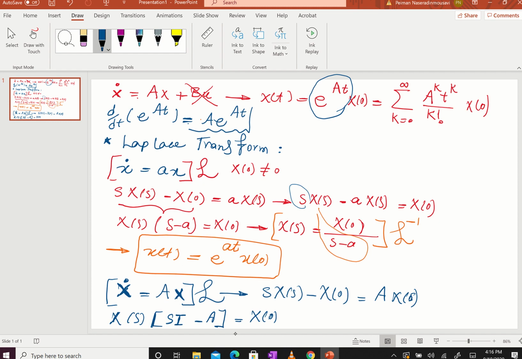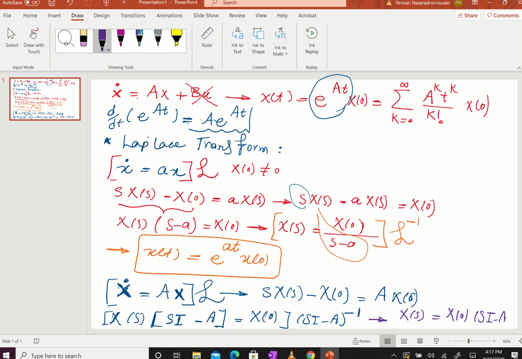And you cannot divide both sides by this because you are dealing with matrices. So what you're going to do is multiply both sides by (sI minus A) inverse. These are matrices, that's right. So the solution is X(s) equals (sI minus A) inverse times x at time 0.